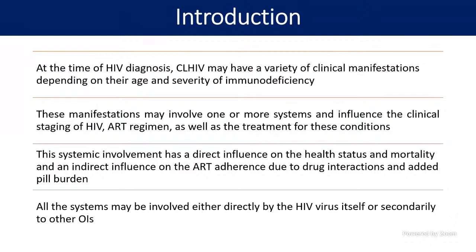So all the systems may be involved directly due to the HIV virus or sometimes because of the OIs. With this introduction, I want to tell you about the different problems of malnutrition, anemia, liver diseases, respiratory diseases, neurological problems. So let us go further in this session.